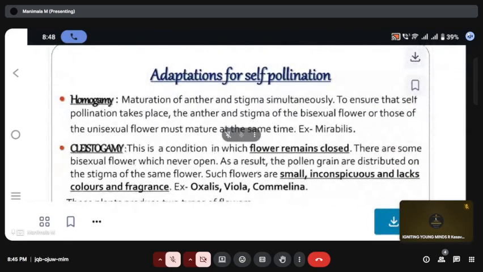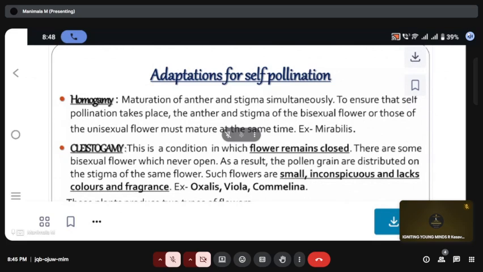So what are the advantages of cross pollination? New variations are obtained. New characters. Genetic recombination takes place, right? So we are able to see more variations.